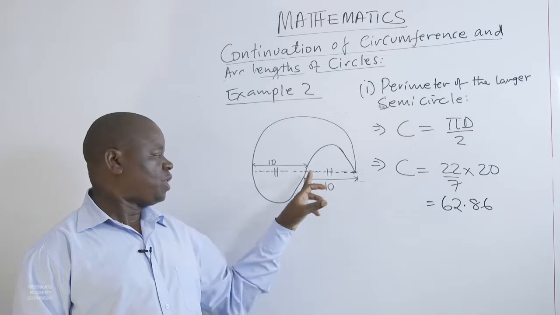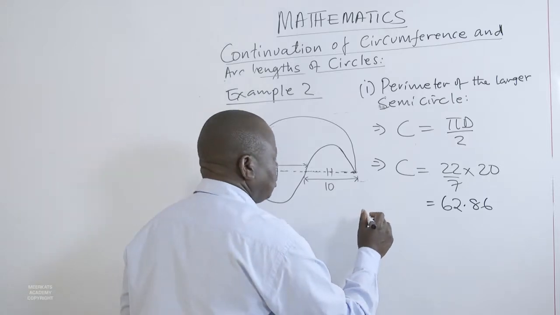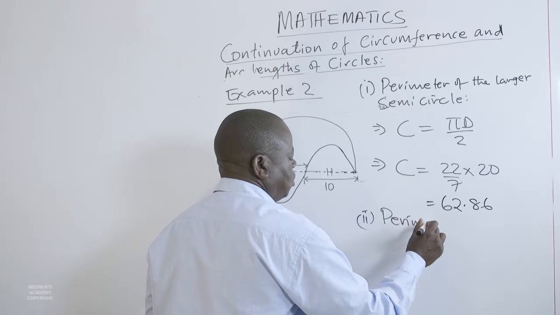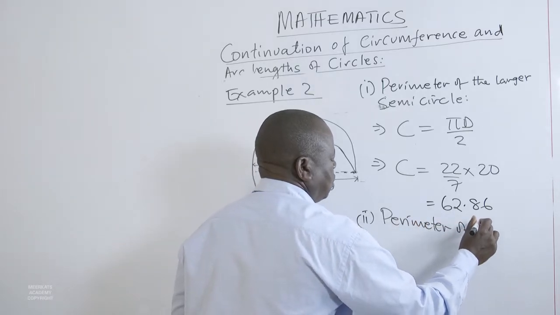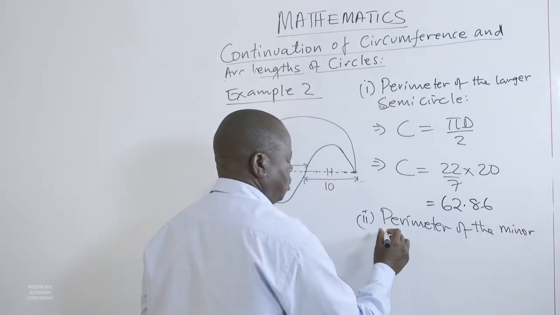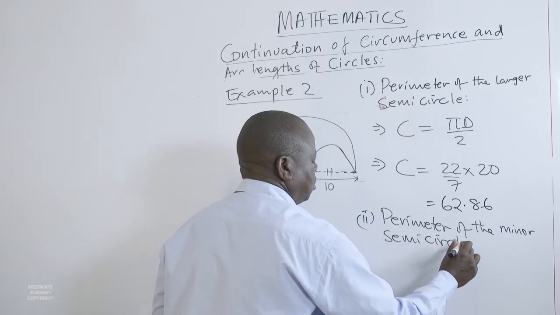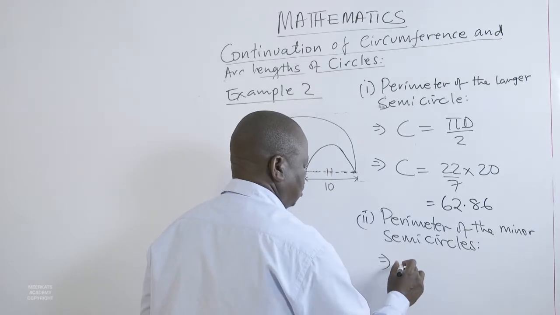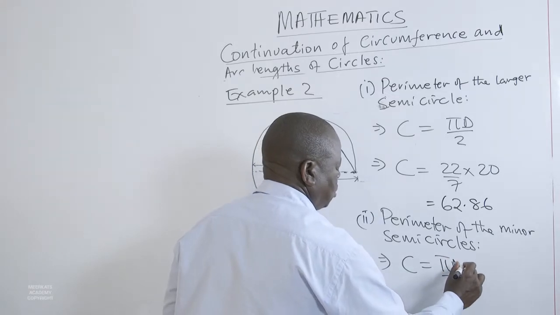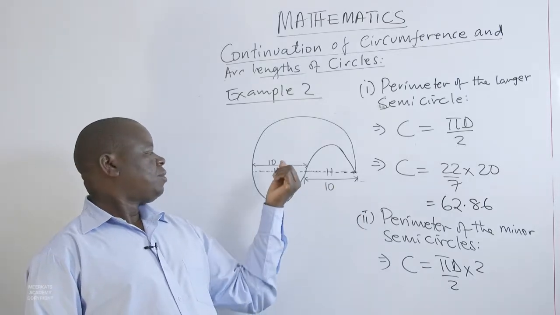And we will multiply by 2. This is 10 and this is 10. So when we get that, we multiply by 2. I'm multiplying by 2 because they are similar. This is 10, this is 10.